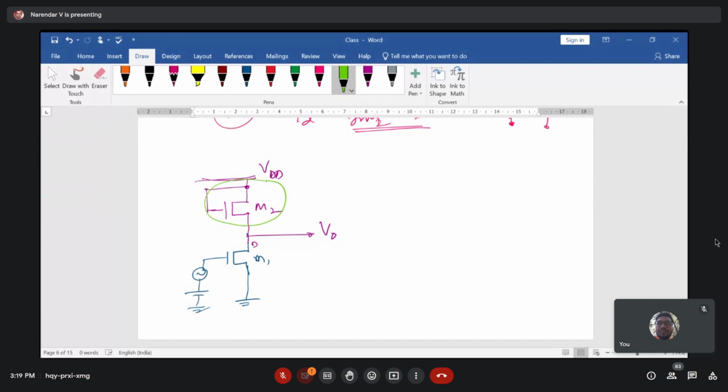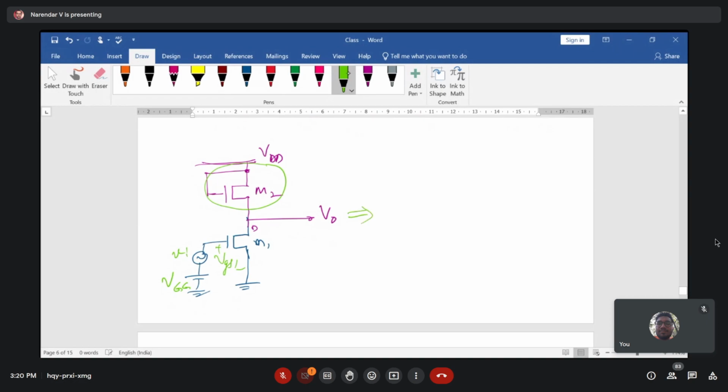Okay, and this is your VI, and this is your VGG signal that you're trying to apply. So this is the gate to source voltage VGS1 of your transistor M1. Now if you do the small signal equivalent model for this, then for a small signal model, all DC sources are connected to ground, and this is equivalent of a resistor.